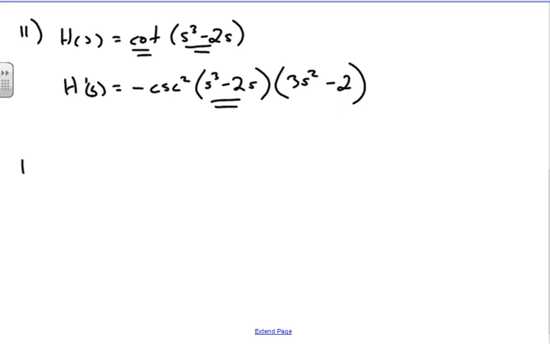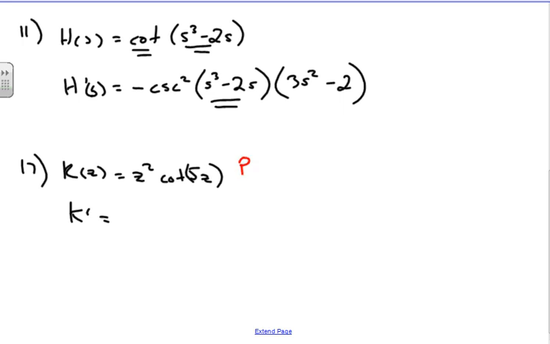Number 17, we have another derivative to find of k of z, which is z squared cotangent of 5z. To find this derivative, we're going to use the product rule.